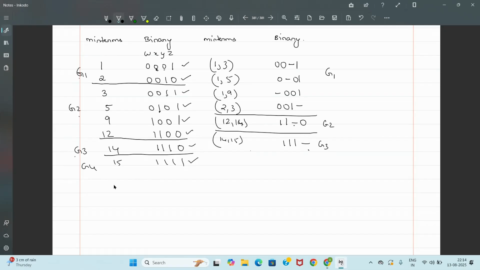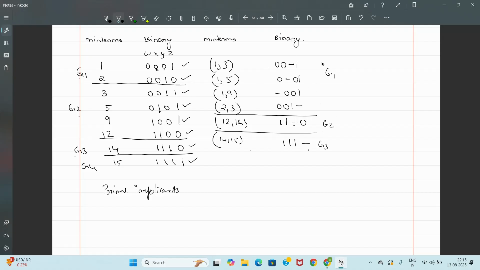So in the second table, I have to list all the prime implicants. Okay. And how do we write the prime implicant? From the first table, whichever values have not been ticked, those values you have to list here. From this first column, all the values were used, so you don't have to write them.